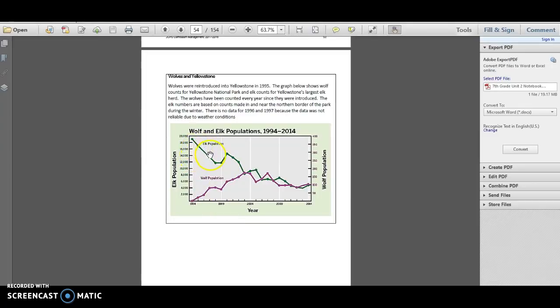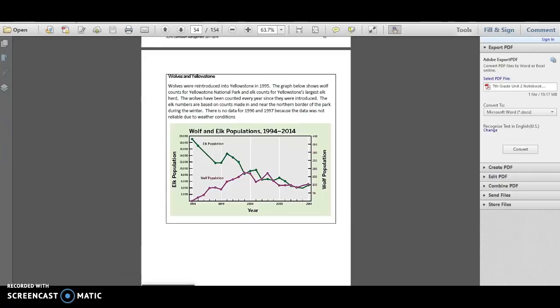So what do you see the elk population doing from 1994 to 1999? And then what do you see the wolf population doing? So I would break it apart in those pieces, maybe, where you see some drastic changes. So once you've looked at a piece of the graph where you see something majorly happening, you would go back to your chart and kind of fill that in.